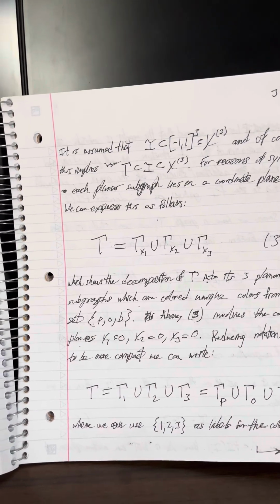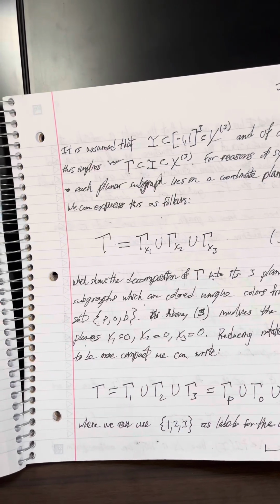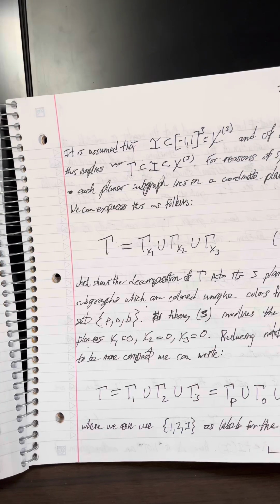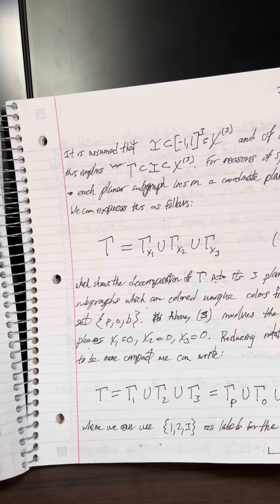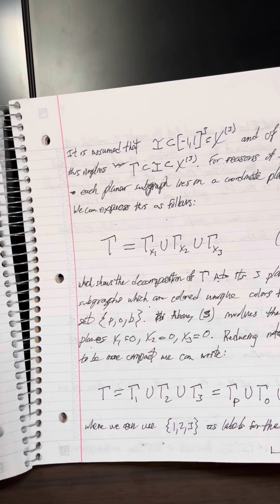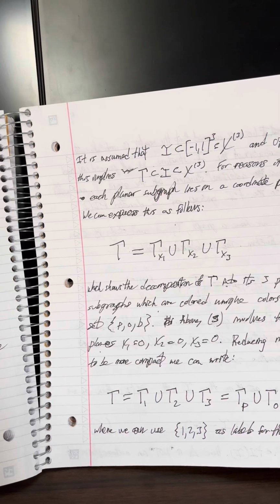Assume that mathcal I is centered at 0, 0, 0 in 3 space, and gamma is a subset of mathcal I, which is a subset of this cube in 3 space.